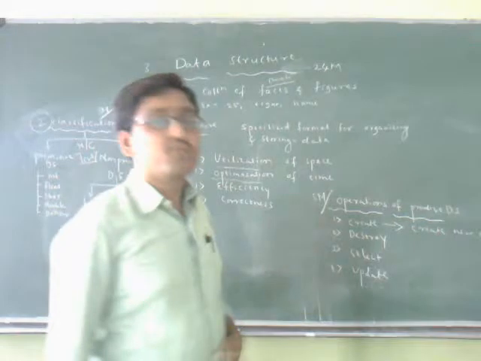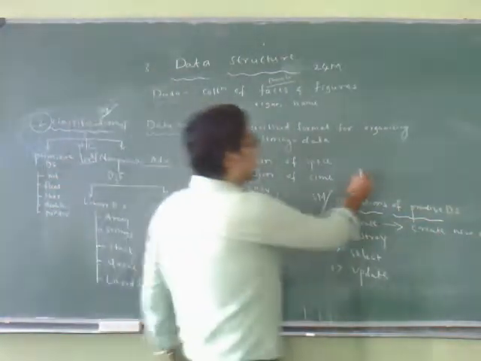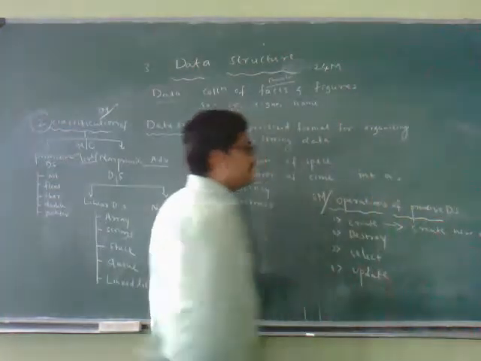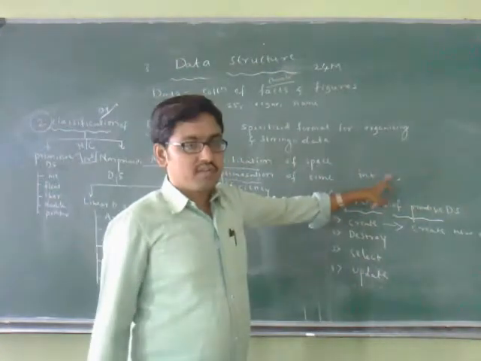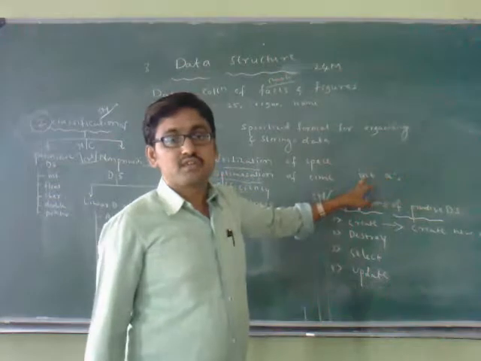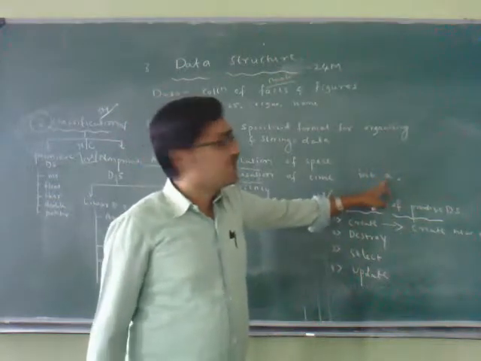Create operation is used to create a new data in the computer. For example, I have given int a. In programs you already used this in first year. Int a means it is a variable, it is a data type. It allocates 2 bytes of memory, if you want to store any data.